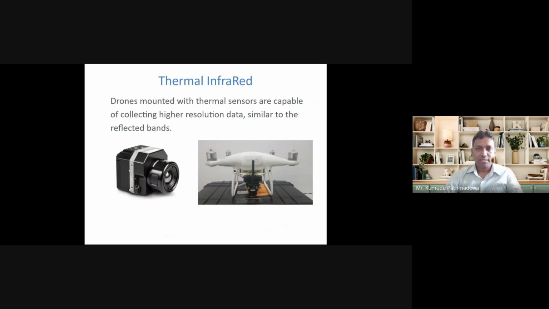Since different soils retain heat and moisture differently, thermal imagery helps identify soil texture, moisture content, and land surface temperature patterns. You can use a thermal drone camera to get the thermal images and analyze the soil texture, moisture content, and land surface temperature.